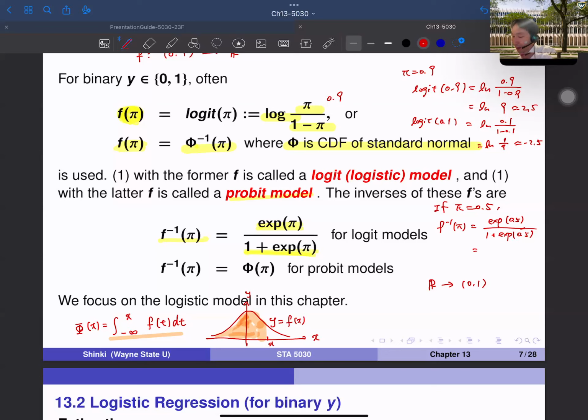Maybe using pi here is probably misleading because this is not a probability, but the fitted value.